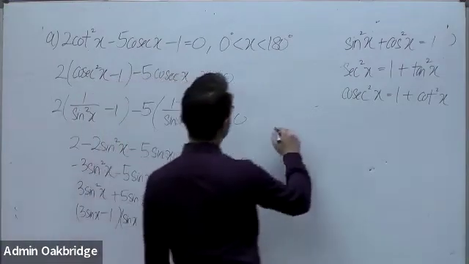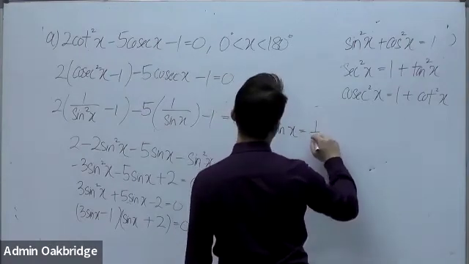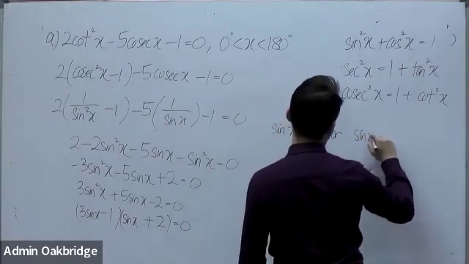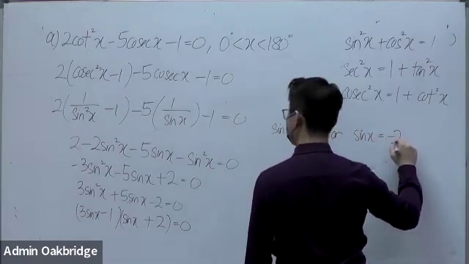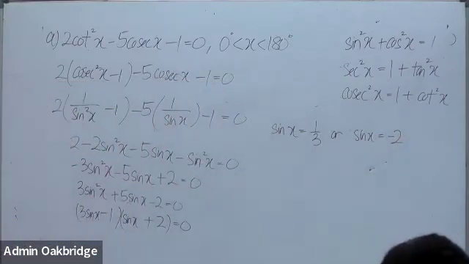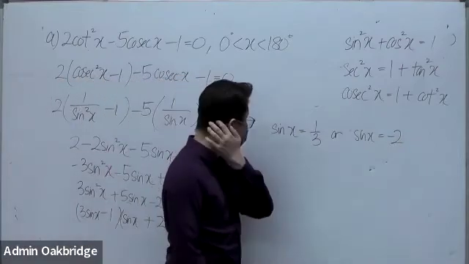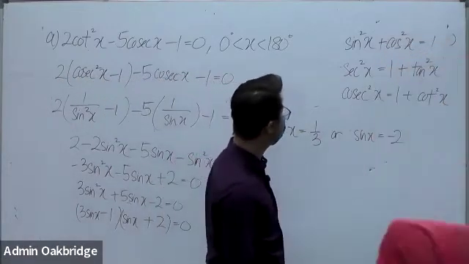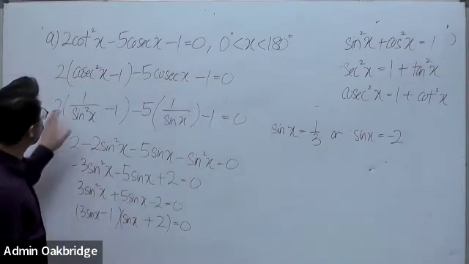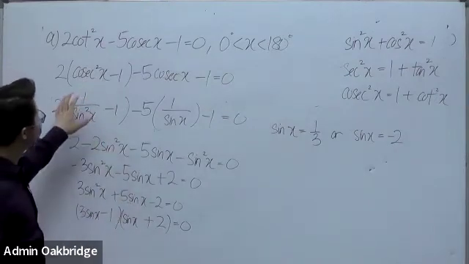Now sine x equals to 1 over 3, or sine x equals to -2. Okay, so as you can see, now we have a solution for this, and we don't have a solution for this. So what happened just now? Why could we not solve it? Just now we assumed cosec x equal to u. This one I have to figure out.